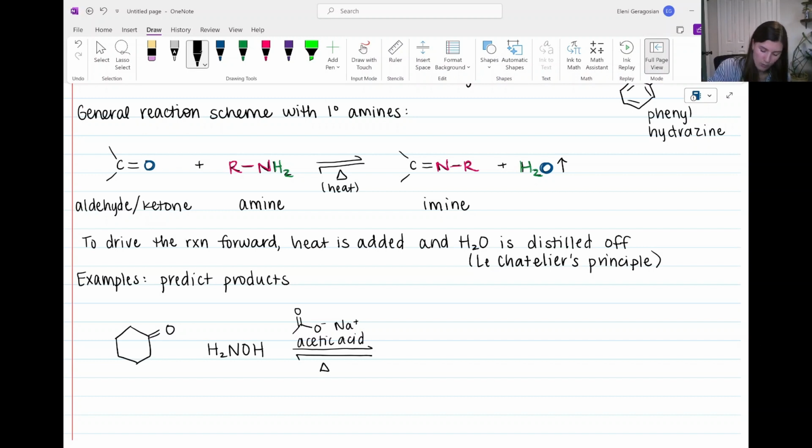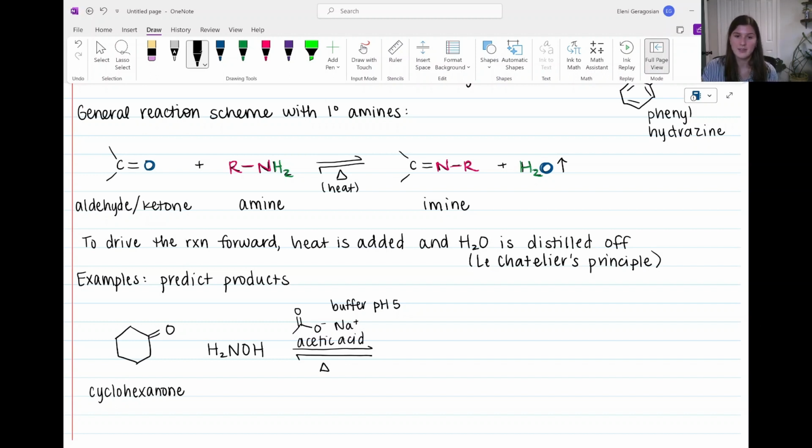We'll talk about after a couple of examples why this is, but this is a buffer solution with a pH of 5. So a buffer solution is a solution that can keep a pH pretty stable. So our reagents here, we have a ketone on a cyclohexane ring, so cyclohexanone.